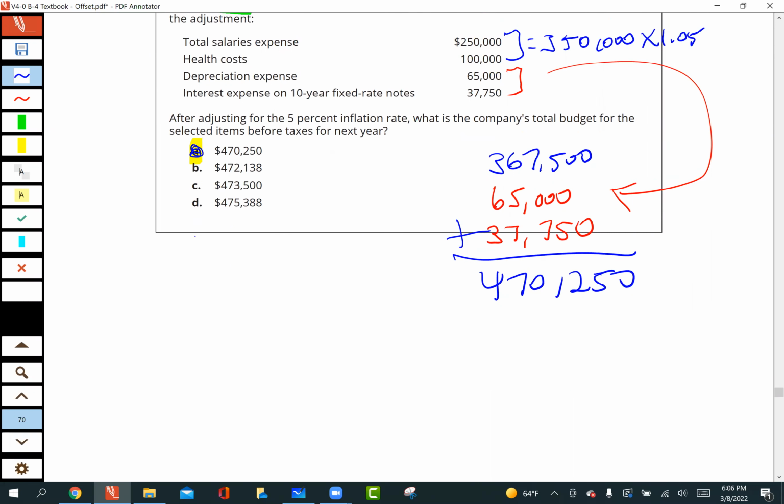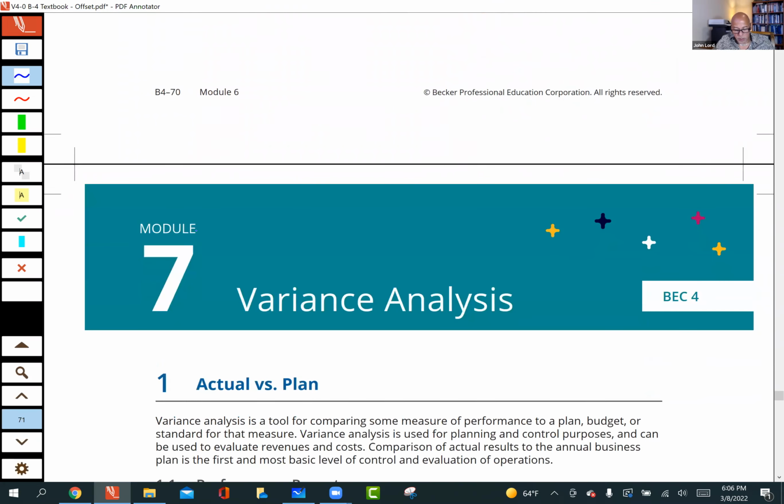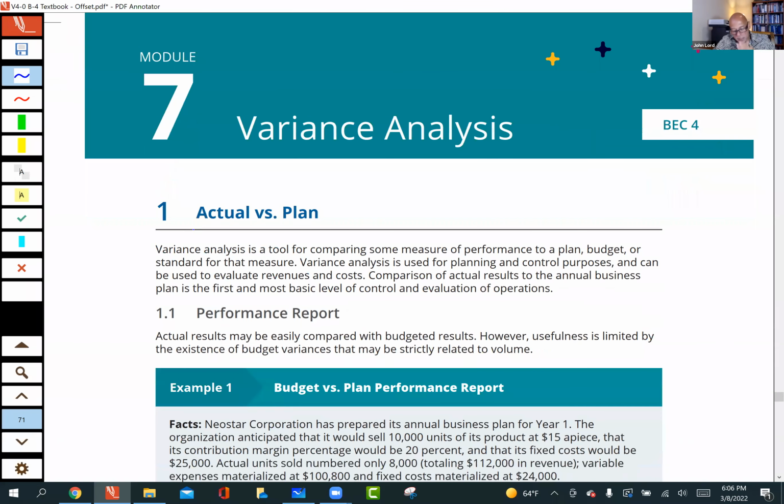Okay, we're going to take the break a little bit earlier than usual. We have variance analysis. I'm showing about, let's say it's 6:10 right now. So we'll come back at 6:20, okay? And we'll pick up the variance analysis. We're going to see that a lot of what the book shows us is not the way we're going to think about this stuff.